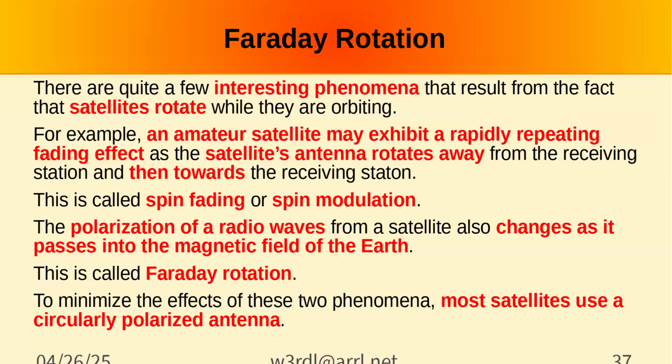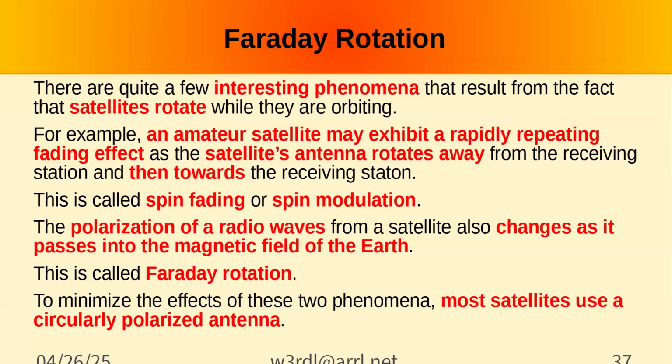I always thought it was due to the propagation effects from refraction, but this also says the magnetic field affects the polarization. Yeah, as it goes through magnetic fields, it gets rotated in the atmosphere.